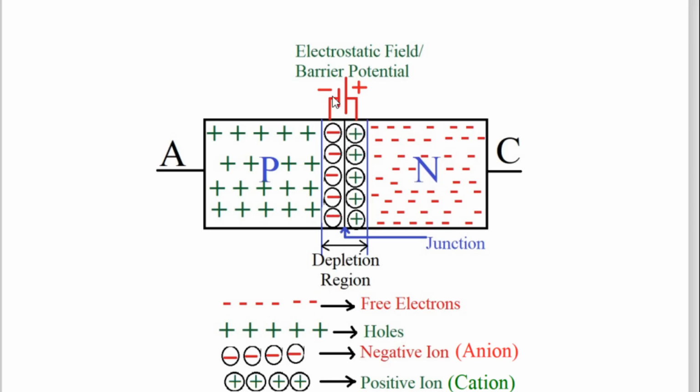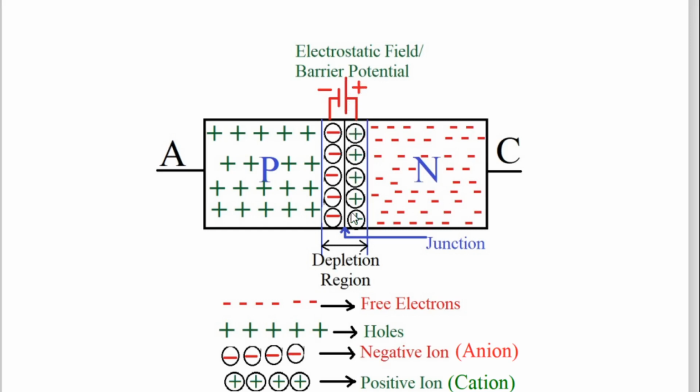And look at this now, this terminal is a minus because here negative charge is increased. This terminal is minus, it is a barrier potential. Now this terminal is a minus because all these atoms' negative charge is increased, and this terminal is called plus. So this is very important. Why is there a plus here?